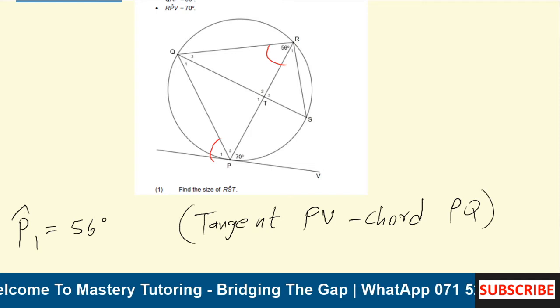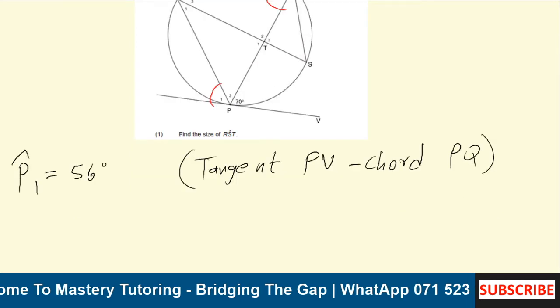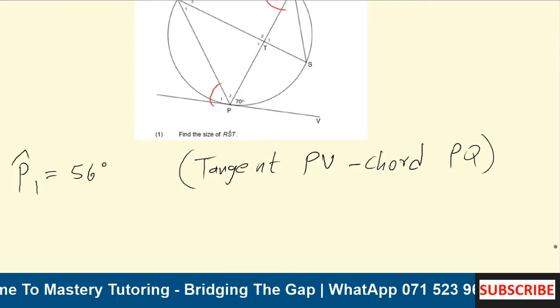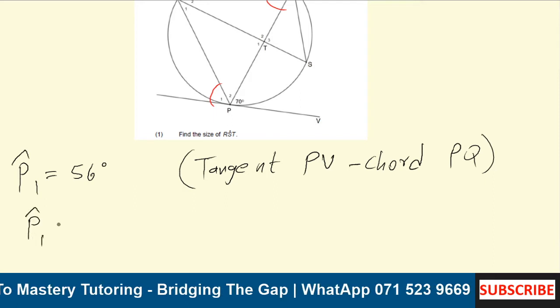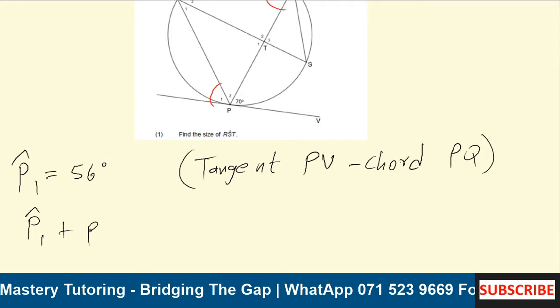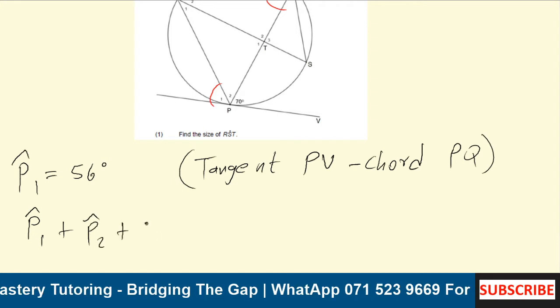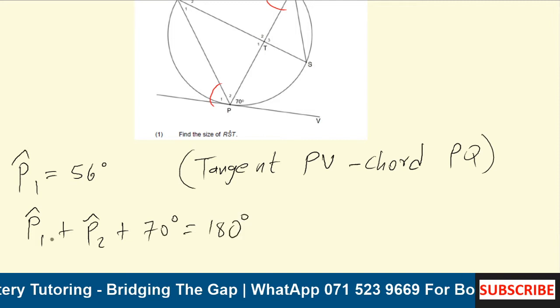Now we can also say angle P1 plus P2 plus 70 degrees sum up to 180 degrees.